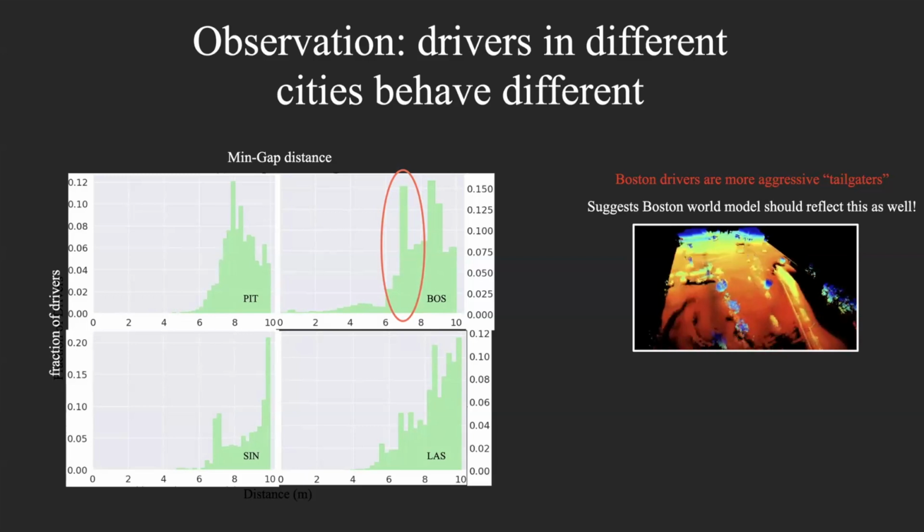So we can measure, for example, what the typical minimum gap is for a driver to the next one in front. And we find that in Boston, for example, there tend to be more tailgaters. There's a peak of drivers that will follow closely, 6 feet behind the lead vehicle as opposed to 10 feet behind the lead vehicle.